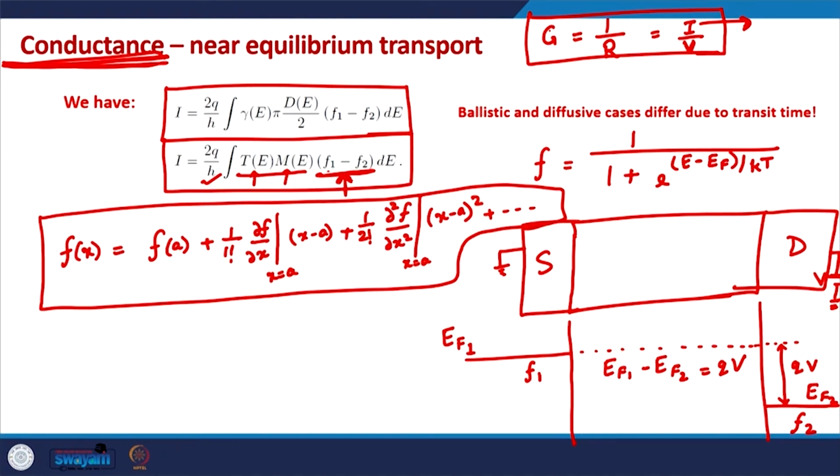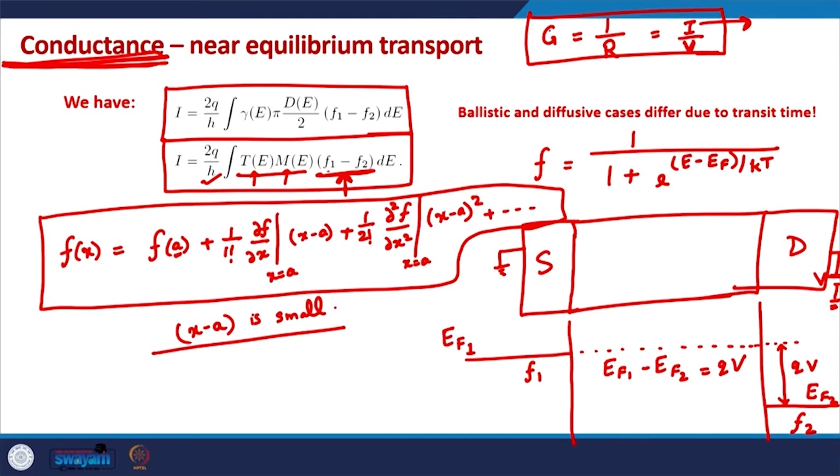If we know the value of the function and the value of its derivative at a certain point, we can find out the general form of the function in this way. Okay? And if we want to find out the function very close to point A, if the values of x are very close to point A, in that case this difference x minus A is very small. Okay.